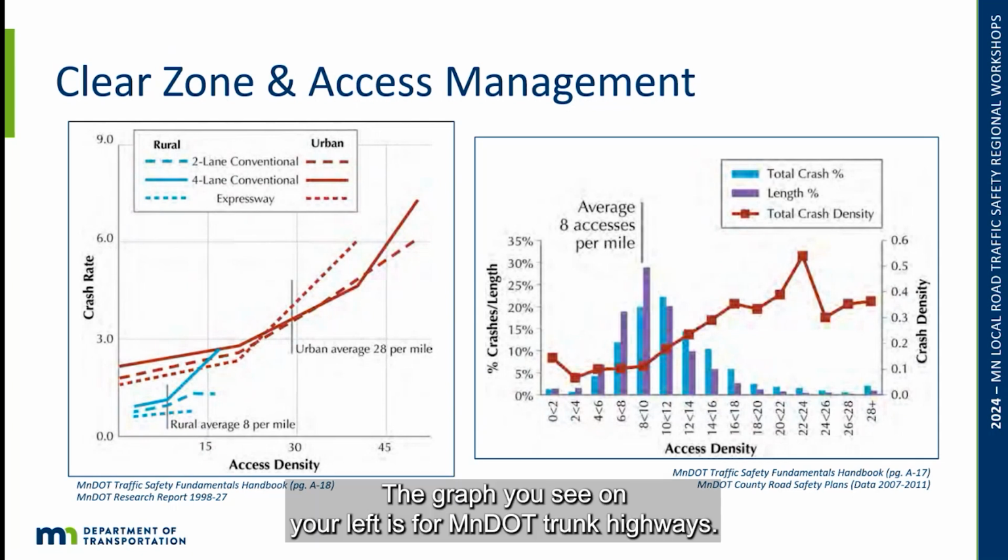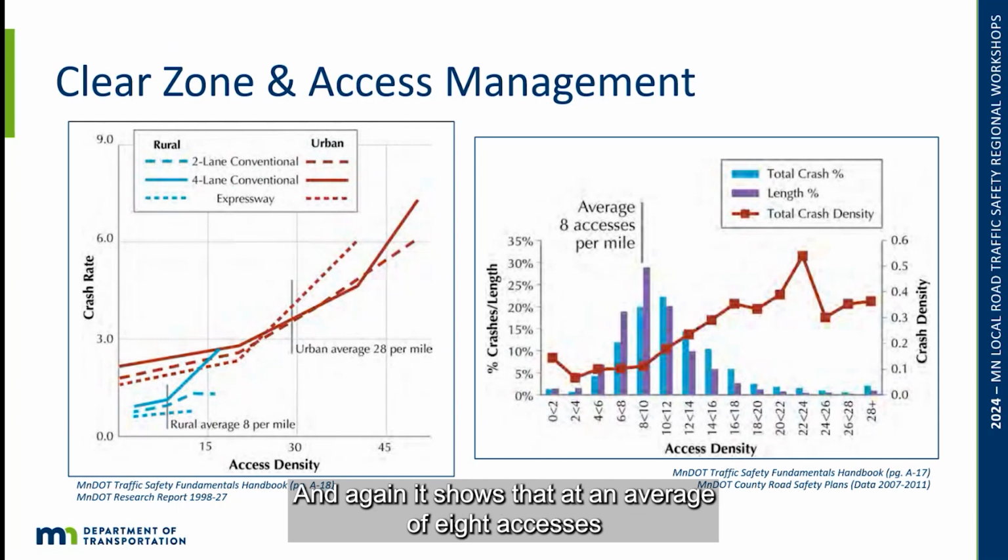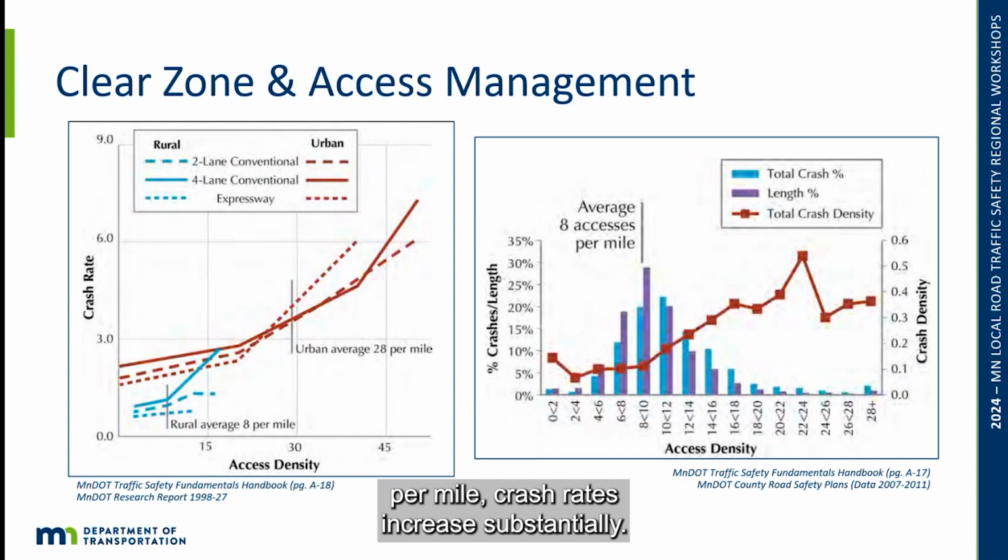The graph you see on your left is for MnDOT trunk highways, and again, it shows that at an average of 8 accesses per mile, crash rates increase substantially.